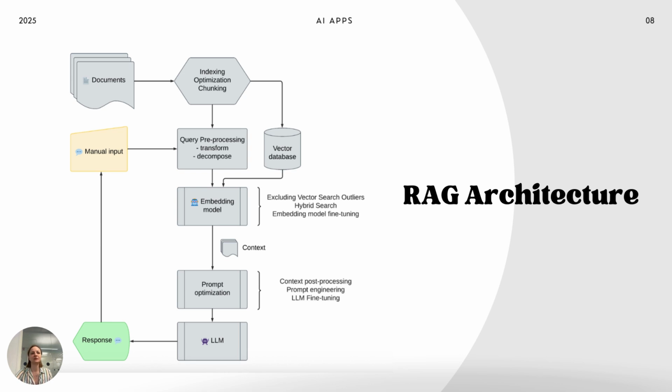Is some kind of embedding model that performs vector search in this database based on the query. So it will be an algorithm that lets us access the most important information out of all this encyclopedia that we gave it.